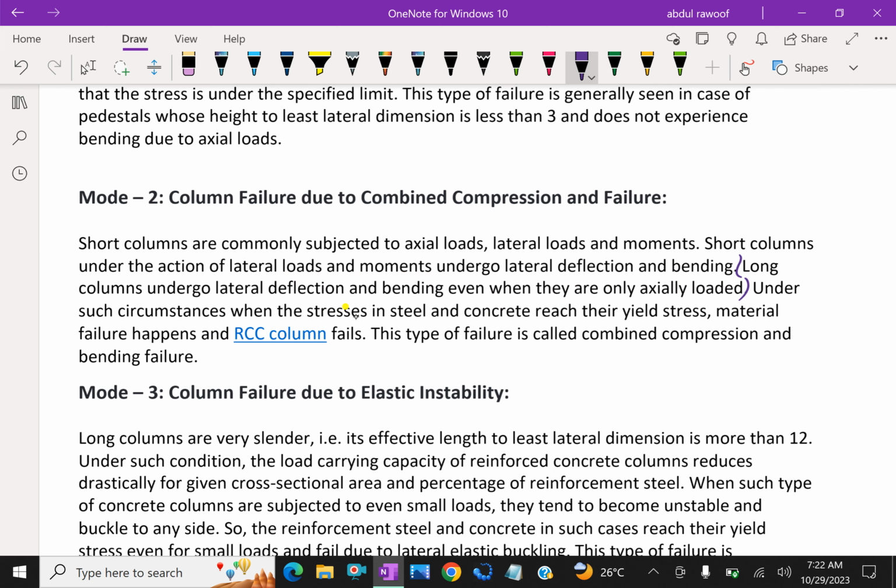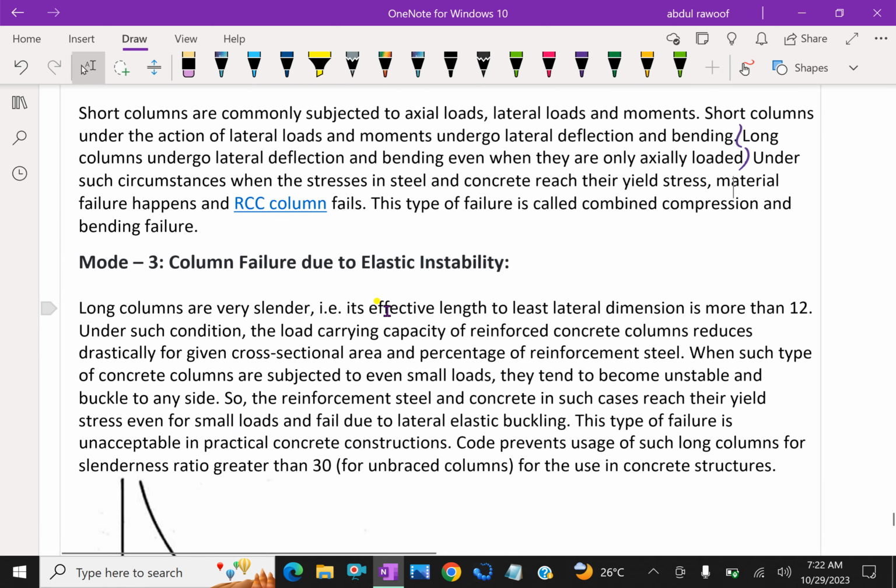Even if only the axial load is applied, some bending happens because of the greater height. Under such circumstances, when the stress in steel and concrete reaches their yield stress, material failure happens and RCC columns fail. This type of failure is called combined compression and bending failure.